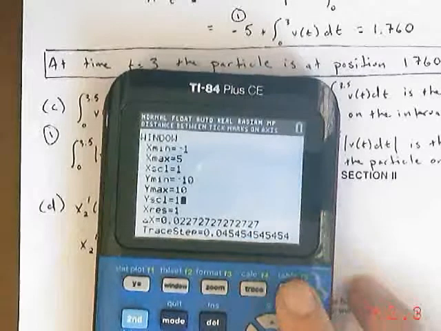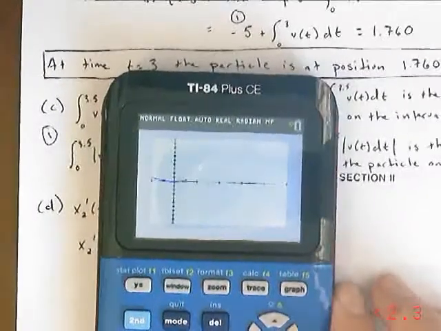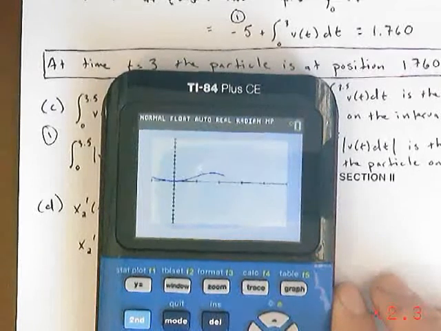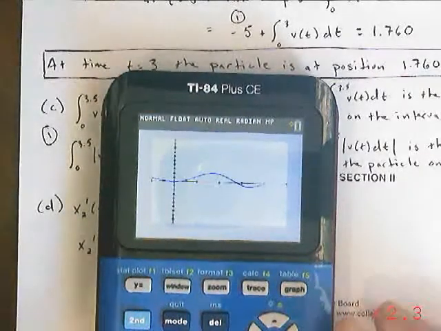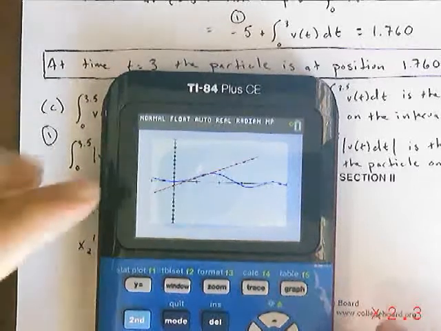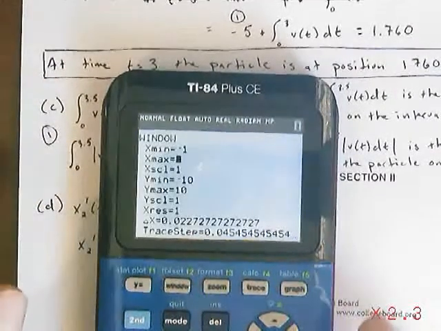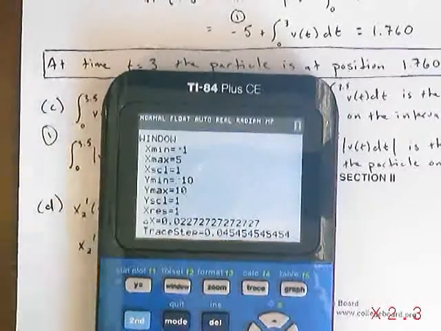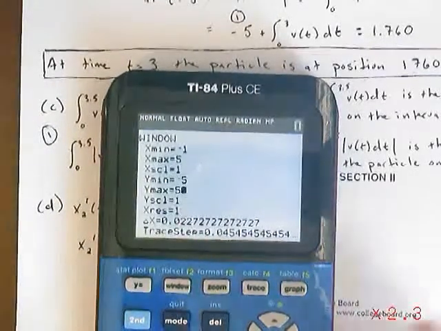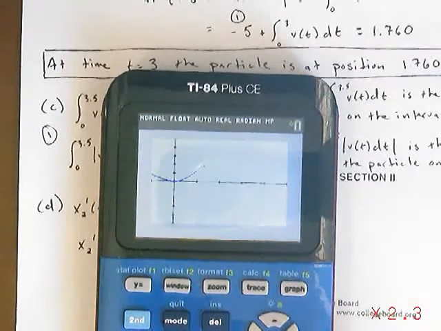Let's see how that does for us. Oh, way too much y. Well, not way too much, but probably too much. Yeah, let's stretch this out a bit. Let's do the window, I don't know, -5 to 5. That'll be better. There we go.